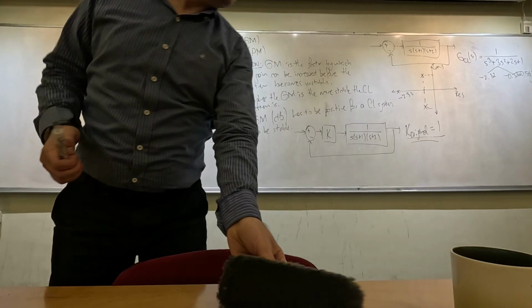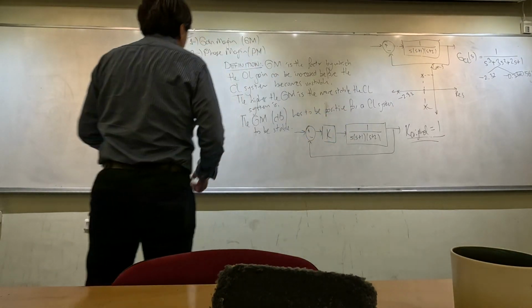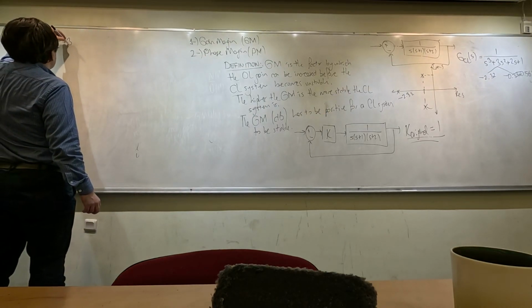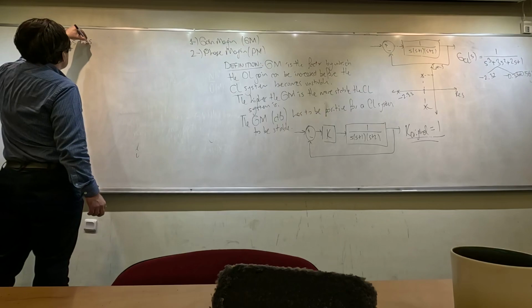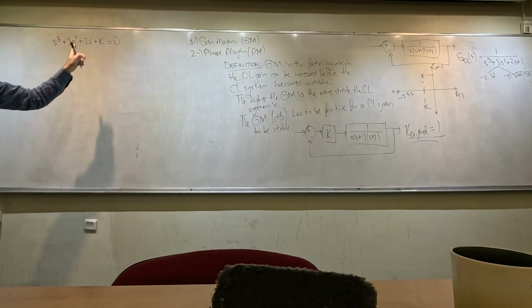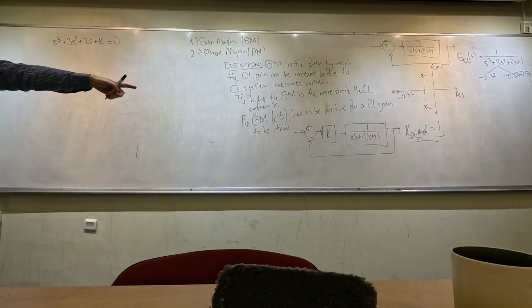When I place this k in this loop, my characteristic polynomial turns into the following: s cubed plus 3s squared plus 2s plus k is equal to 0. This is the characteristic equation of the hypothetical system, that is the closed loop denominator in my hypothetical system.